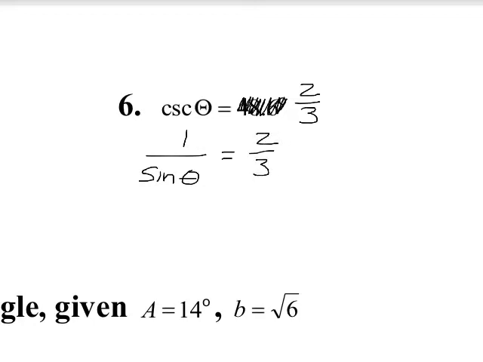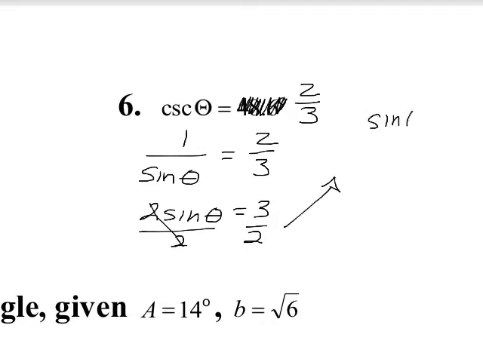So now if I cross multiply everything, you can say 2 sine theta is equal to 3. Divide by 2. Move it on up. We get sine theta equals 3 over 2.